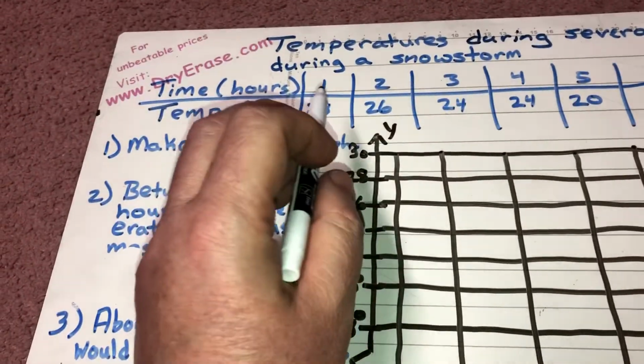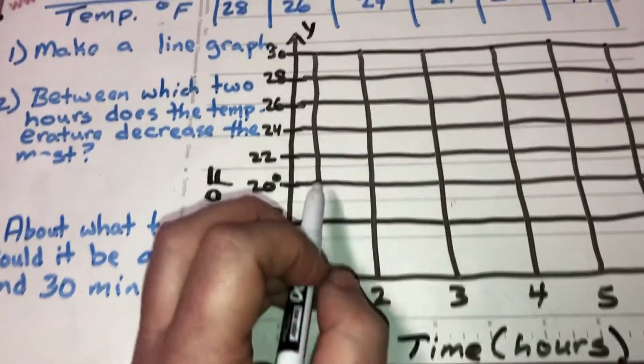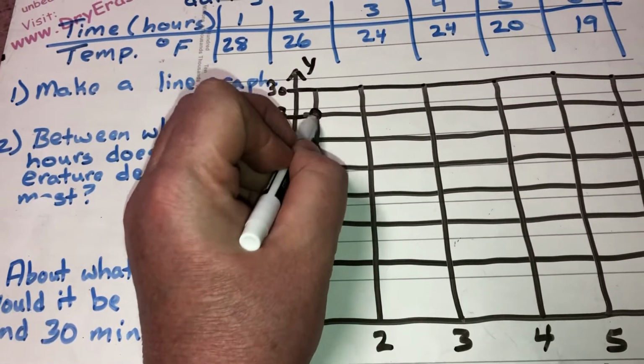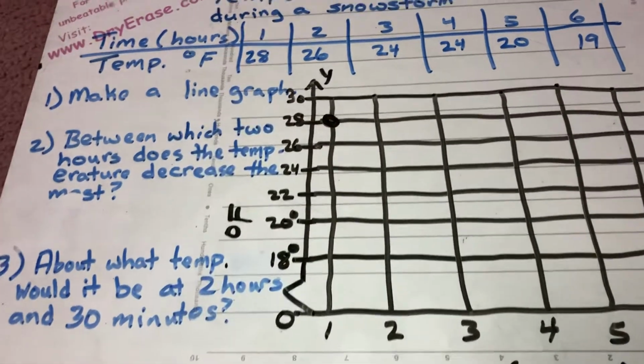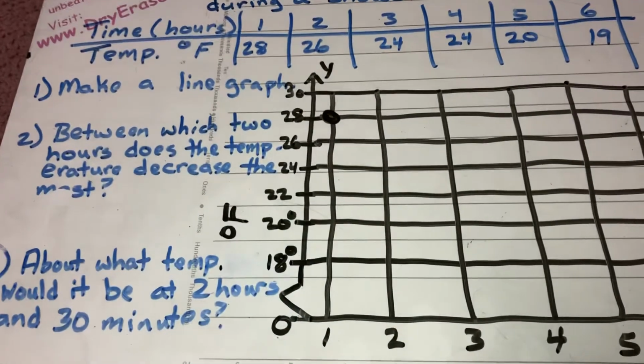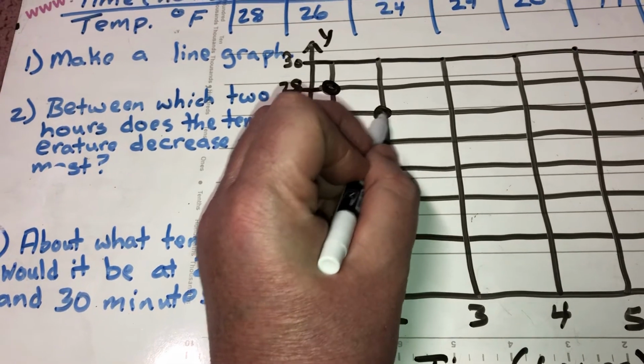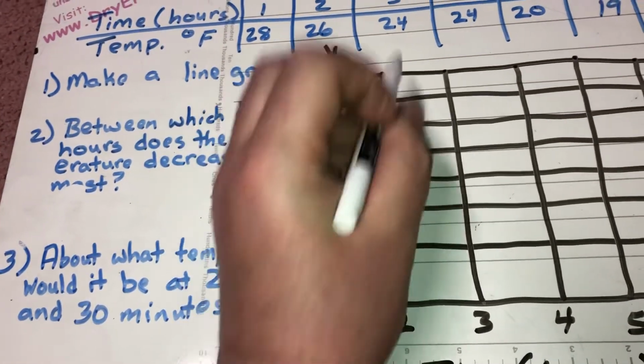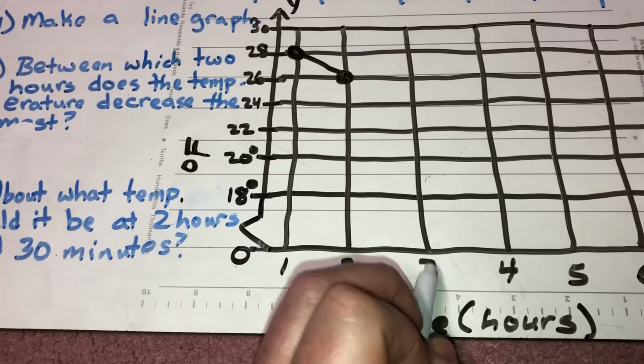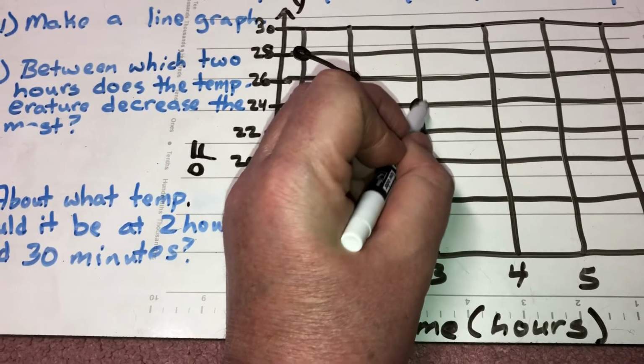All right. So hour 1 was 28 degrees. So hour 1, 28 degrees right there. Hour 2 is 26 degrees. So 2 is going to go to 26. And we're going to have a line there. 3 and 24. 3 goes to 24.